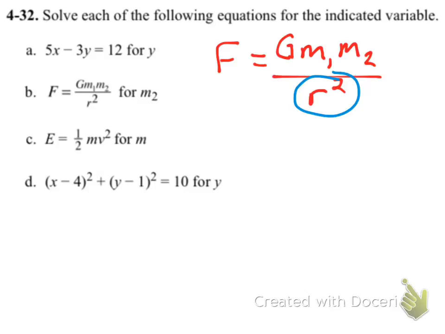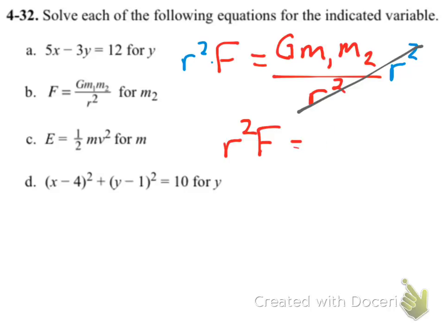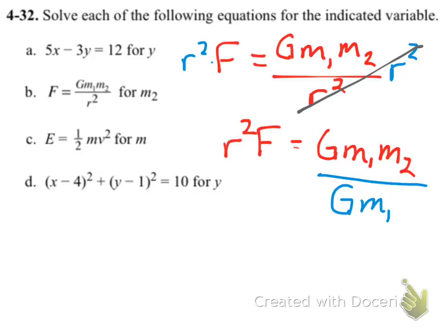Right now, R squared is dividing what we want to solve for. So to undo that division, I'm going to multiply both sides by R squared. R squared over R squared makes a giant 1. So I now have R squared times F equals G times m sub 1 times m sub 2. These two things here, G and m sub 1, are both multiplying m sub 2. So to undo that multiplication, I'm going to divide by both of them.